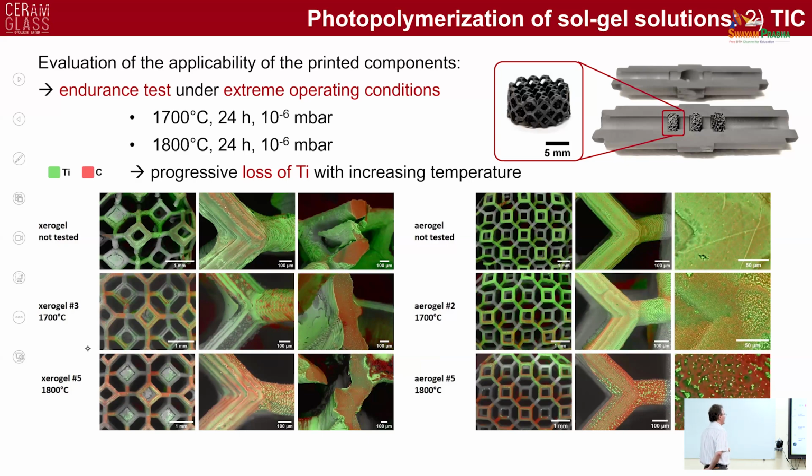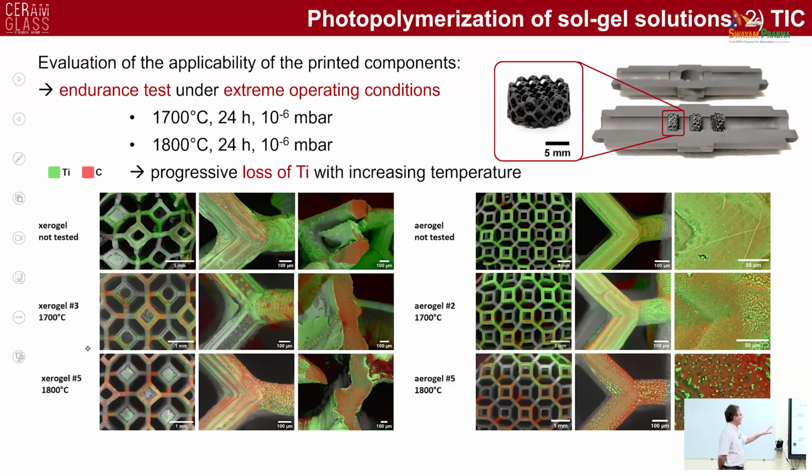And we observed the progressive loss of titanium with decreasing temperature, which means that probably we need to operate the system at a lower temperature, which is certainly feasible. It will reduce the effusivity of the isotopes, but at least the material will not be damaged.